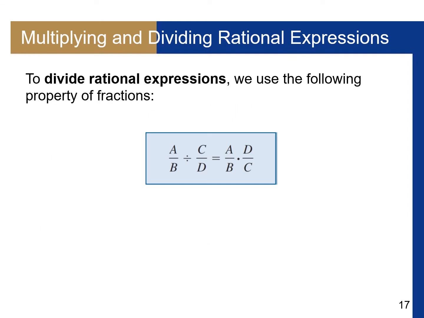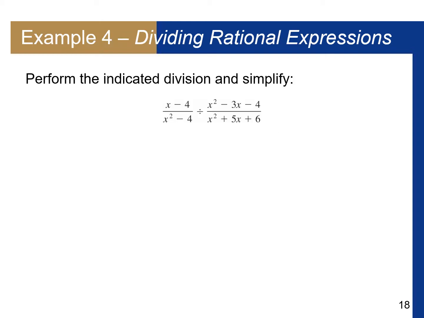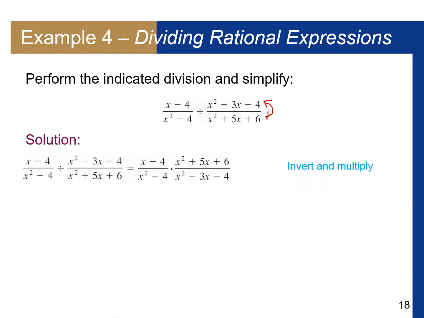Now, division, I just have to flip over the second one and use my multiplication rules. So here I have division. I want to factor everything, but I'm also going to flip this one over because when you divide fractions, you multiply by the reciprocal. So we flip it over.